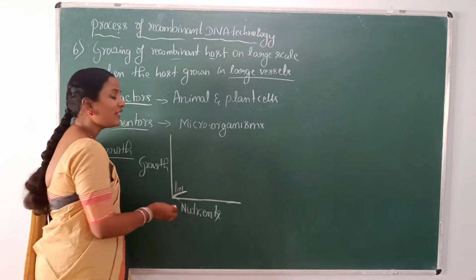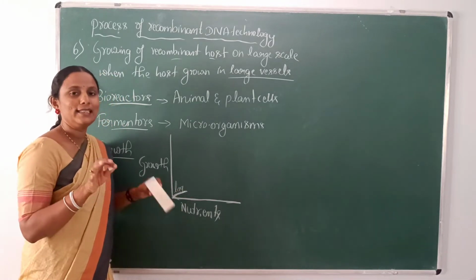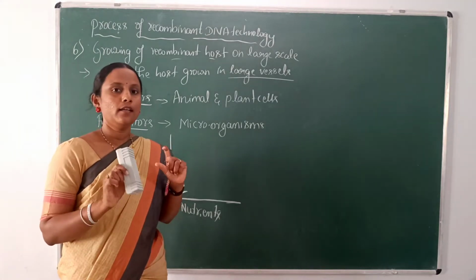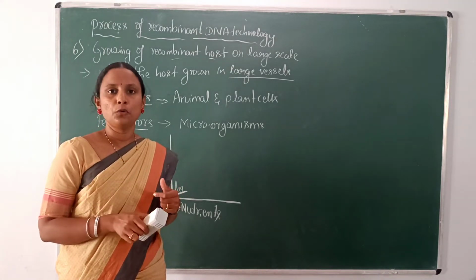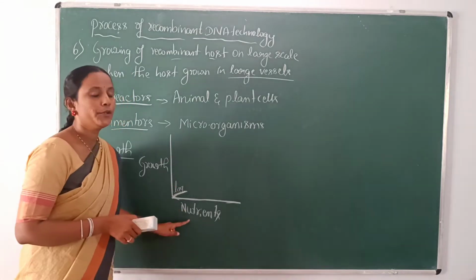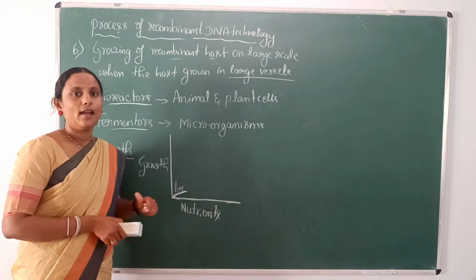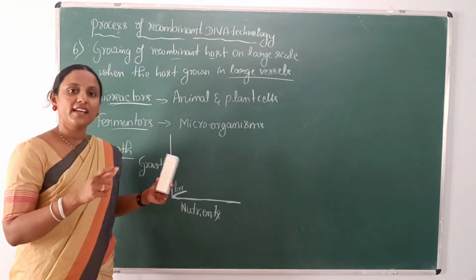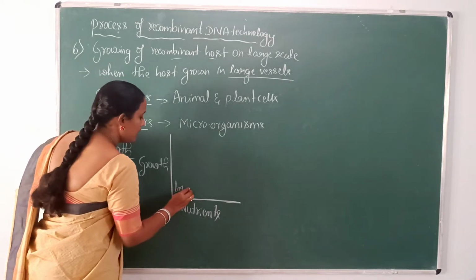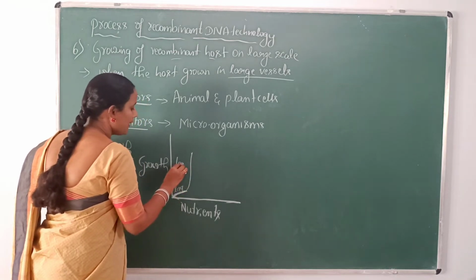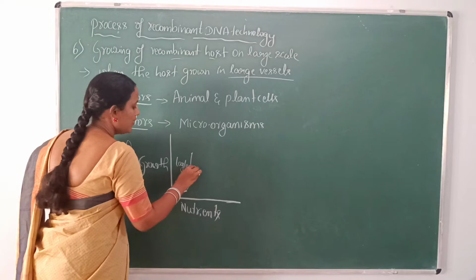And after getting adjusted to the environment, it is ready to take up nutrients. It will synthesize all the enzymes and growth factors for its growth, so that it can utilize the nutrients in a very fast way, and it will grow very fast or divide very fast, and that phase is called log phase or exponential phase.